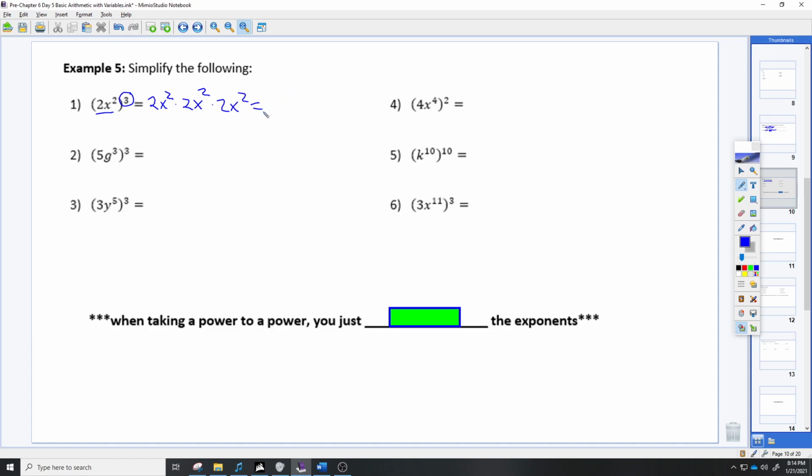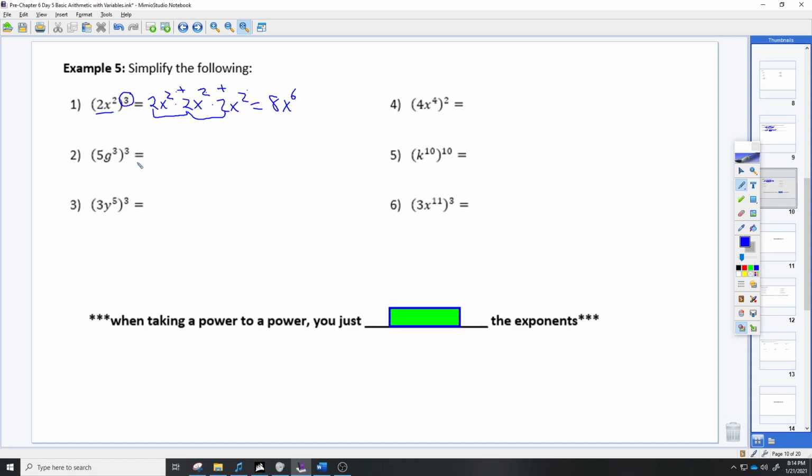So again, just do the numbers one at a time, and then we'll do the exponents. So 2 times 2 is 4, times another 2 is 8. And then with the exponents, we add exponents because there's multiplication between them. So 2 plus 2 plus 2 is 6, x to the 6th.